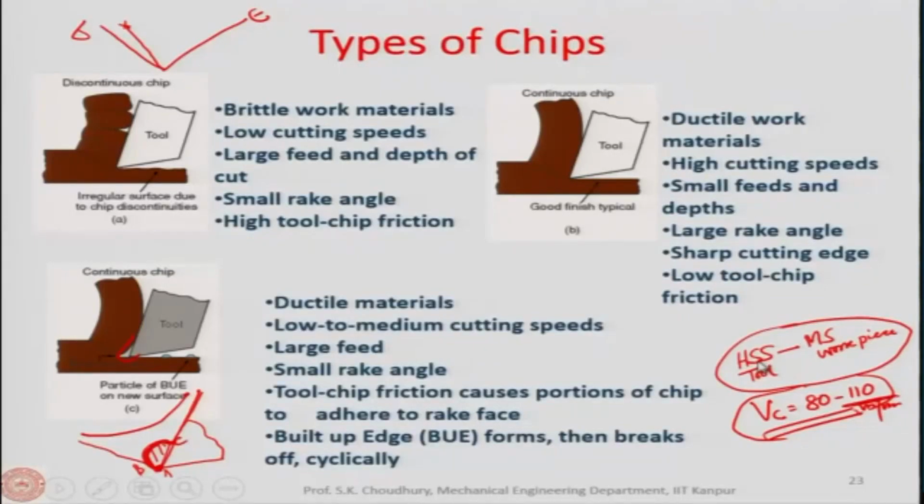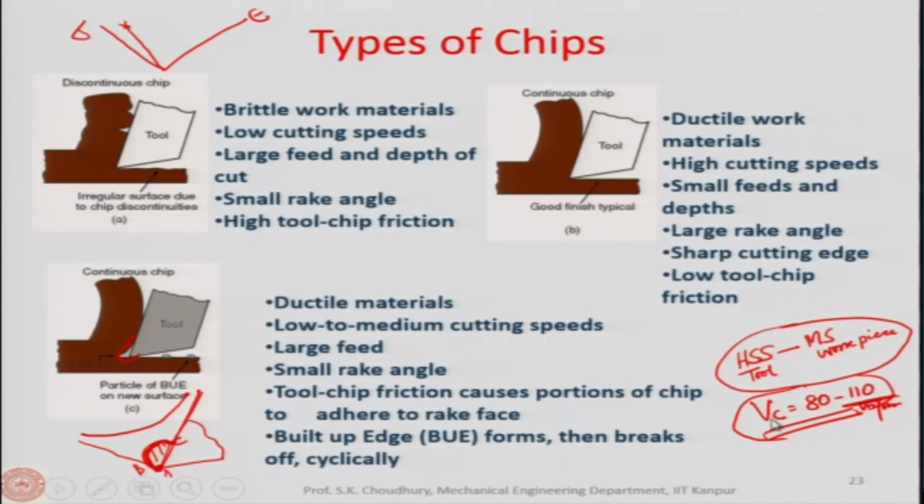Now, we said that this piling up happens because there is a certain temperature and pressure. That temperature and pressure occurs at a certain cutting condition. Particularly, I mentioned that for mild steel as the workpiece and high speed steel as the tool, for this combination of workpiece and tool, the cutting velocity is normally in the range of 80 to 110 meter per minute.